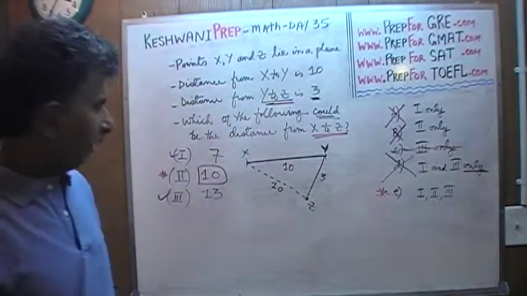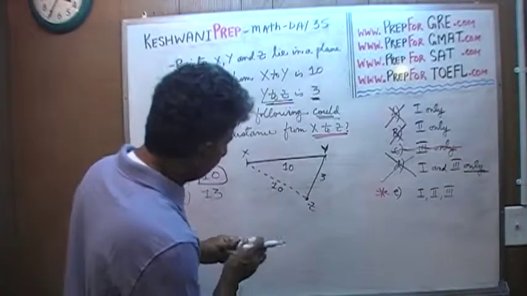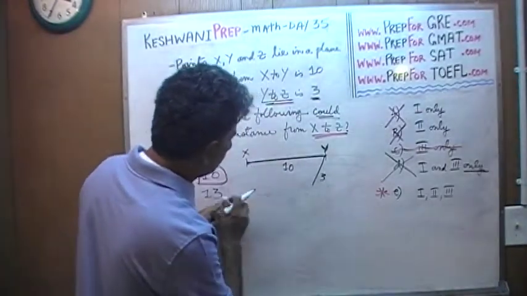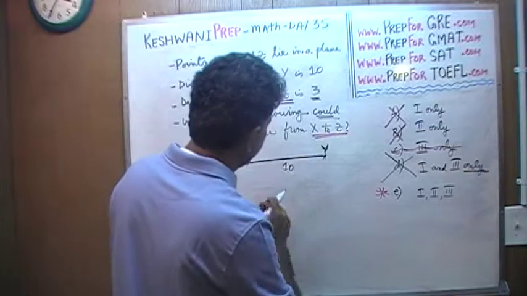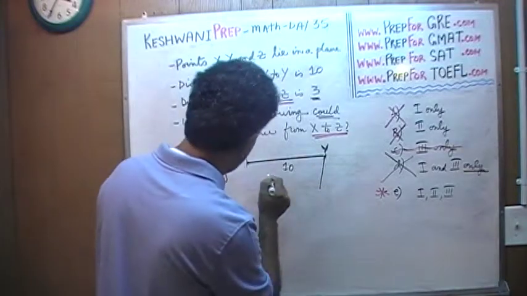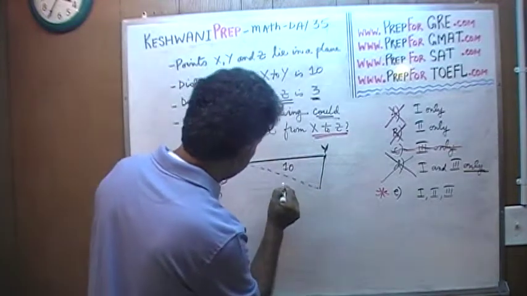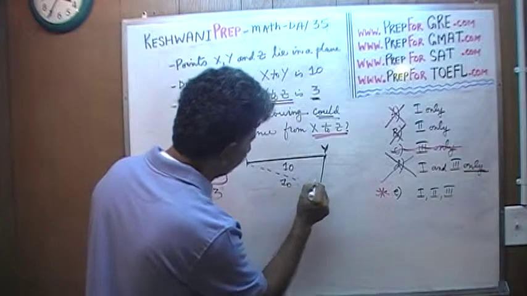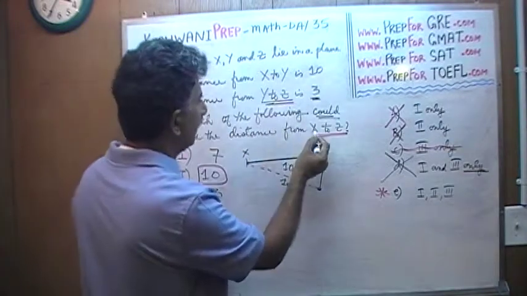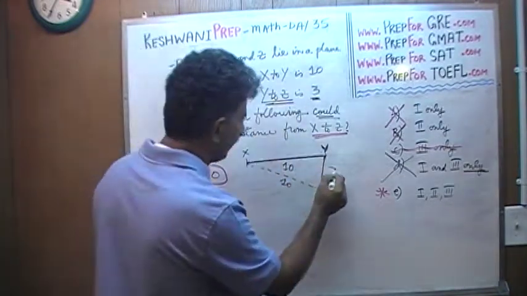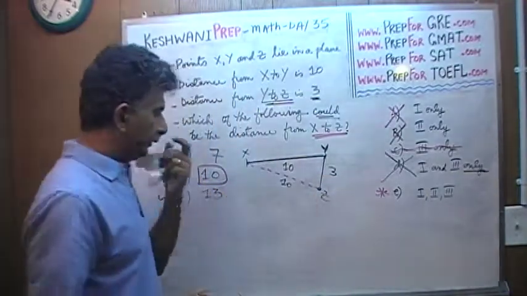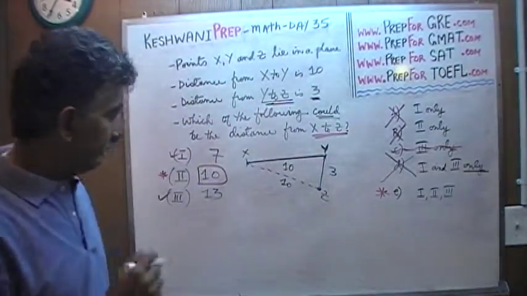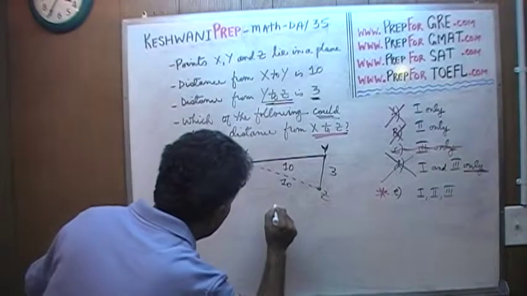What people were not contemplating, I'm going to redraw it because I don't like the way it looks. Voila. It's an isosceles triangle. Y to z is 3. I'm going to pick it up and rotate it so you can see it. Here's your x to y.